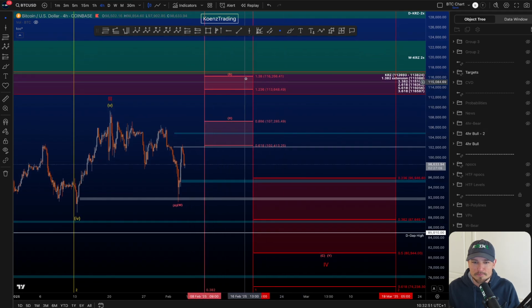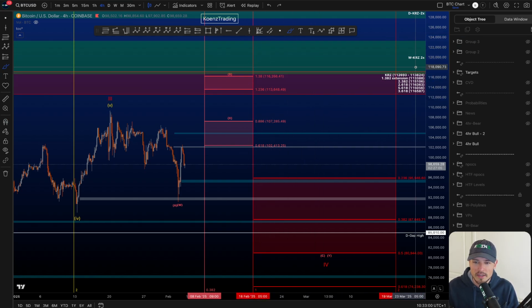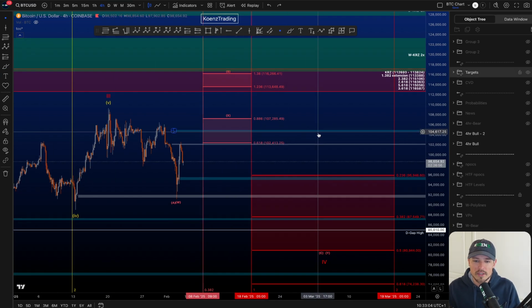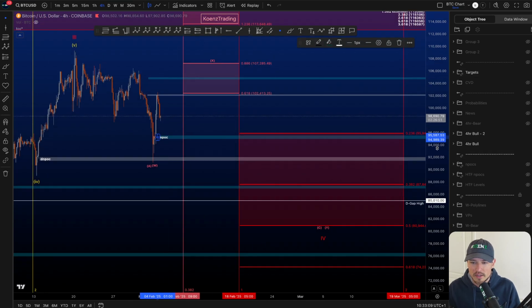And then over here, you can see that the wave B flat target area is matching with some Fibonacci and KRZ, that's for another time, resistance area. So that's quite interesting. And to the downside, we first of all have some support here, 94.9, 95.6K.